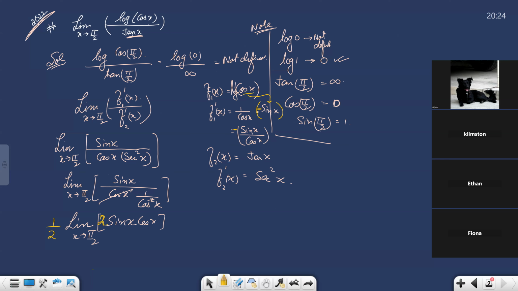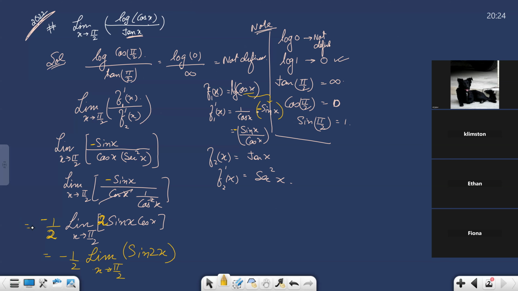Insert a negative sign on that. Minus, so I will get minus 1 by 2, and this is the format. Limit x tends to pi by 2, and this is sine 2x. This is the trigonometric formula: sine 2x is 2 sin x cos x. Therefore I introduced a 2 in the numerator and a 2 in the denominator.